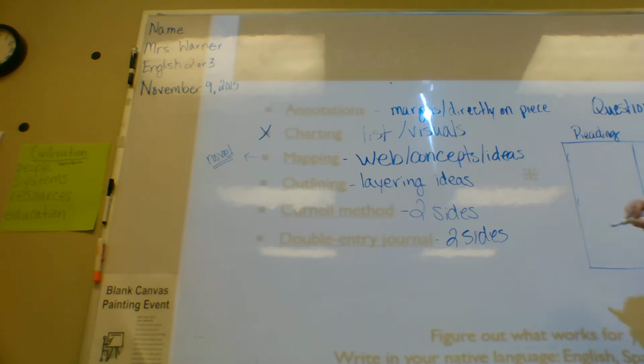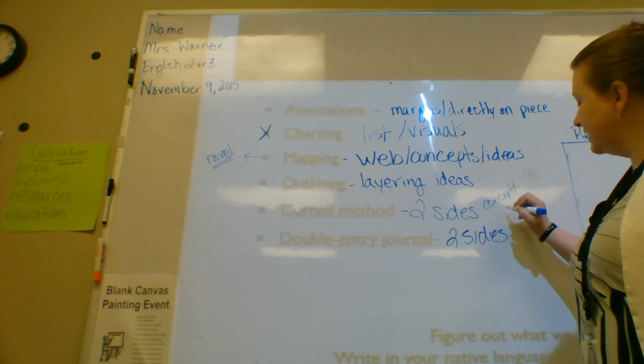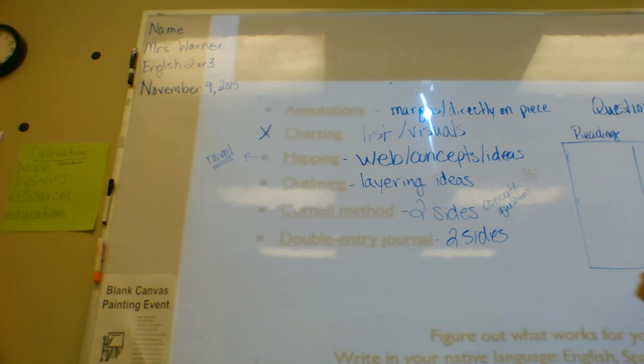This one has a very specific format, so concept on one side and questions. This can be whatever you want it to be. Could you have an example of the Cornell? Yeah, I'm going to give those out later.